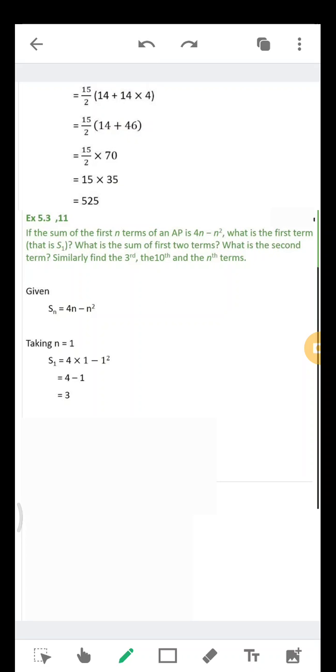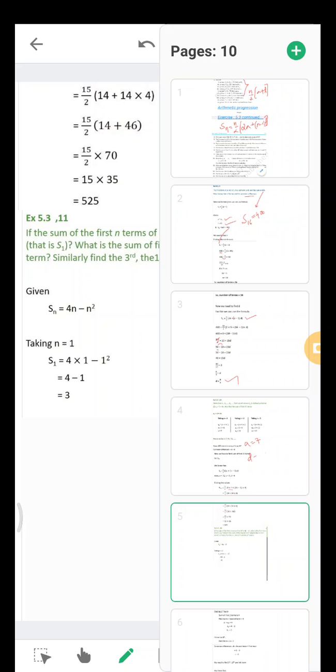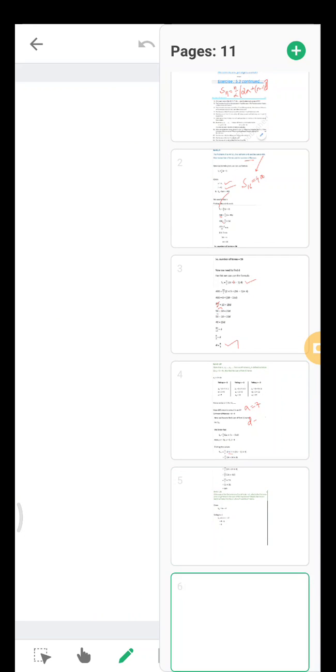Given S of n value is 4n minus n square, so I'll find S1, that is the first term. If I ask you a question, say you have a series 5, 10, 15, 20 and so on, what is the sum of one term?